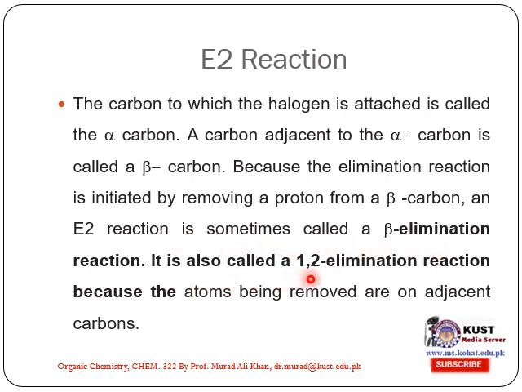It is also called a 1,2 elimination reaction because the atoms being removed are on adjacent carbons. If we consider the carbon to which the leaving group is attached as 1, the adjacent carbon is 2, and the hydrogen is removed from the adjacent carbon, so it is called a 1,2 elimination reaction.